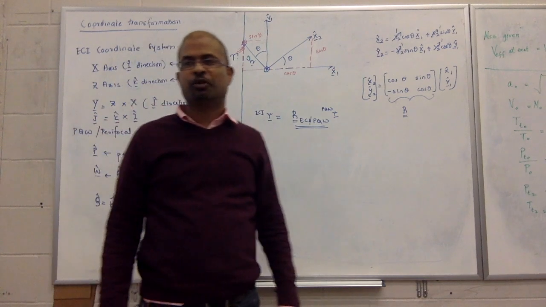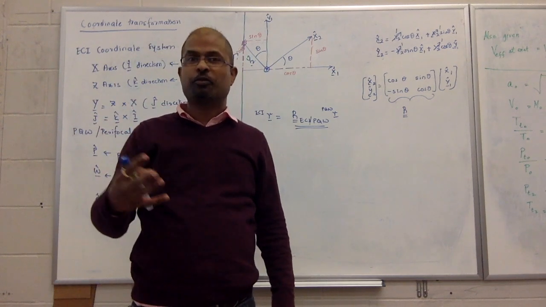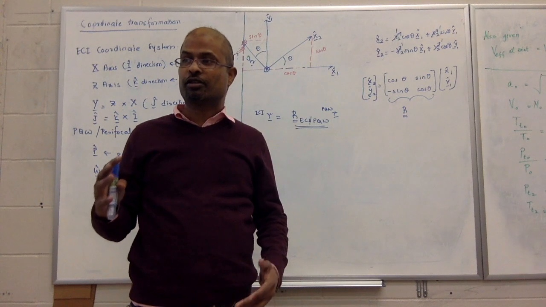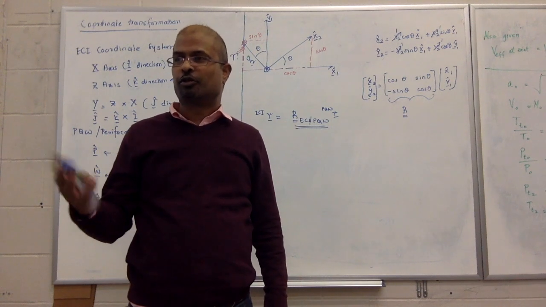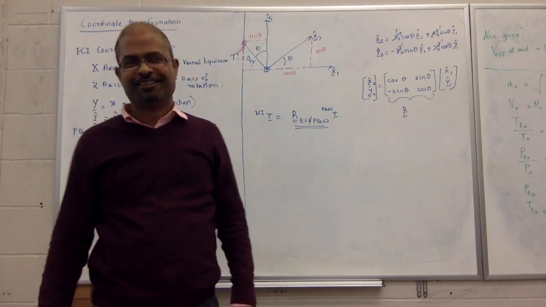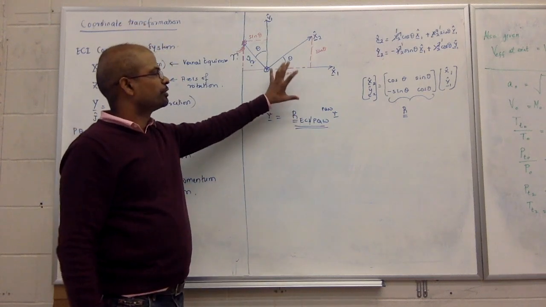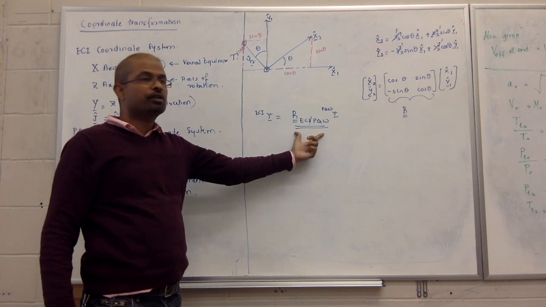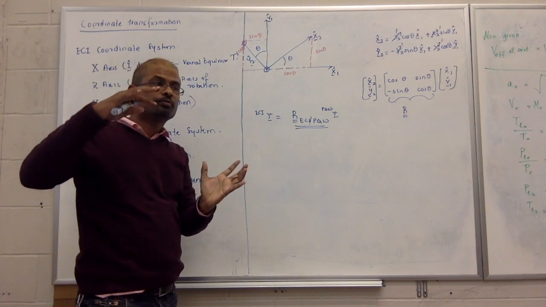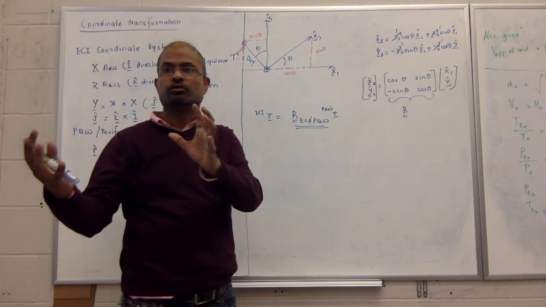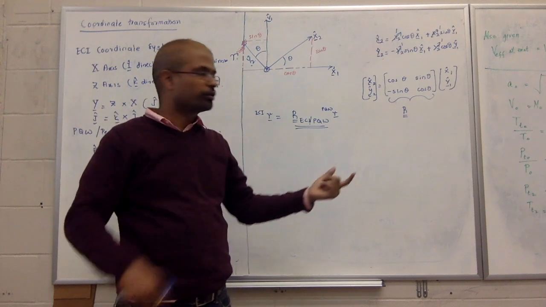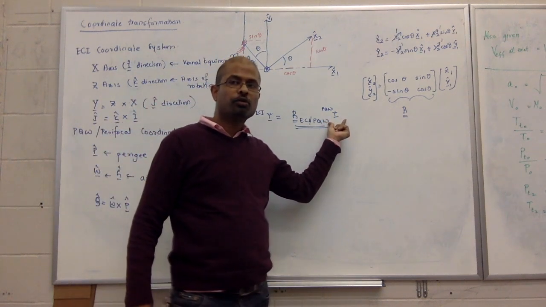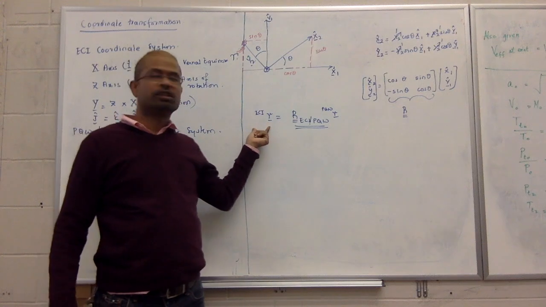For all practical purposes, we find it difficult to even exist in 3 dimensions, so let's not go to 4 dimensions. So this is the transformation matrix which will transform from one coordinate system to another. Here it is the PQW coordinate system to the ECI coordinate system.